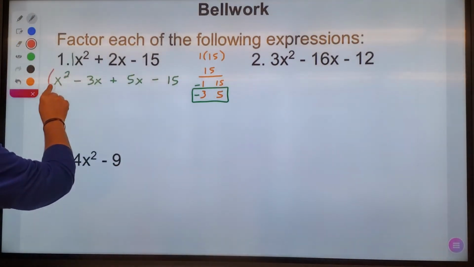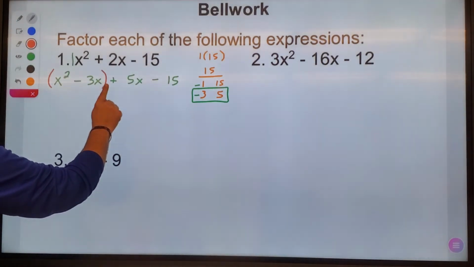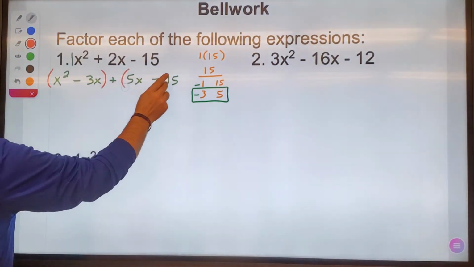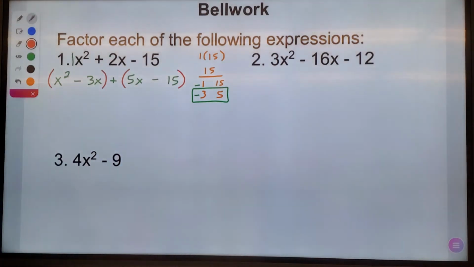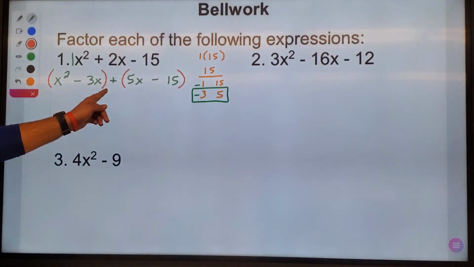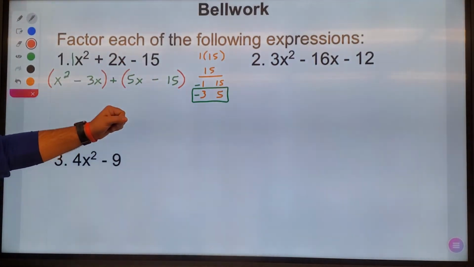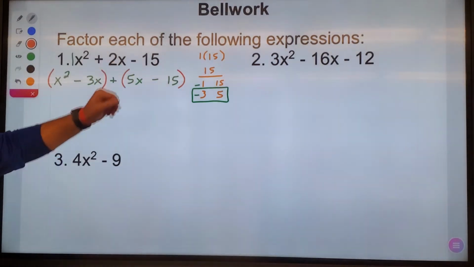From here, you group the first two items together, leave the sign in the middle, and group the second two. If the sign in the middle was negative, I would then have to change the last sign inside the parentheses. But since it was positive, all is well.